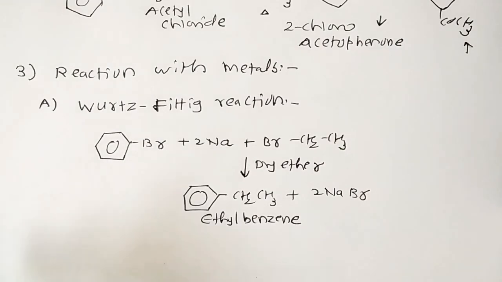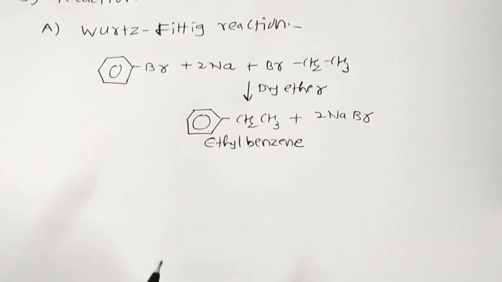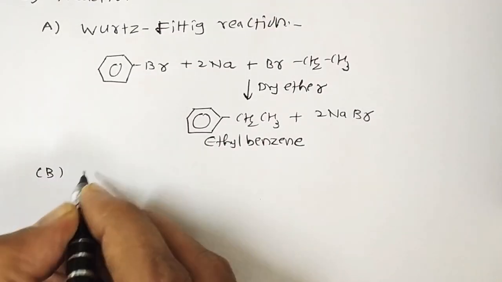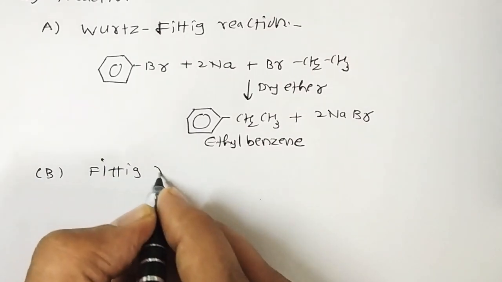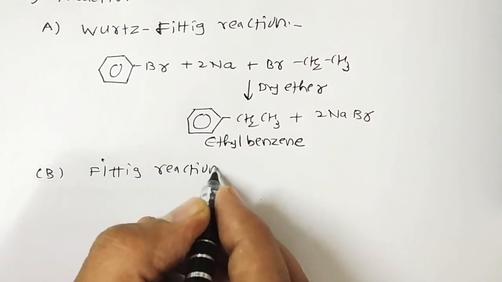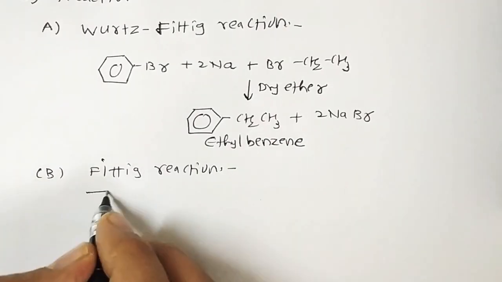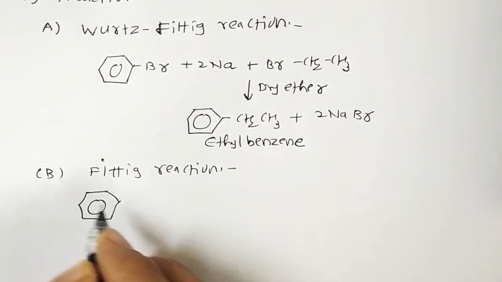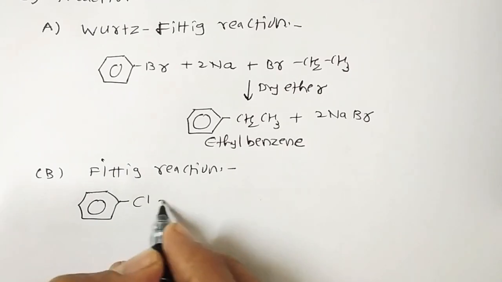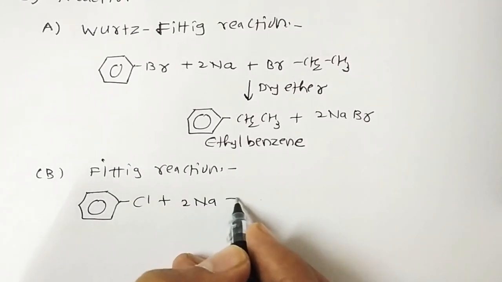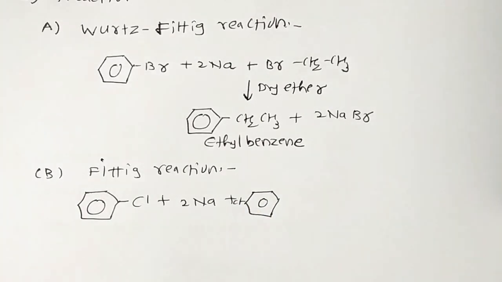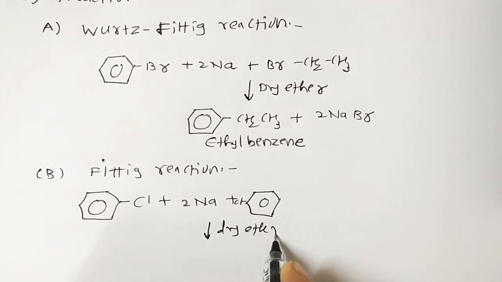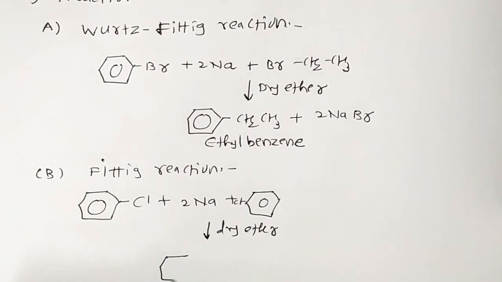So what about the Fittig reaction? In the Fittig reaction, you have to take 2 moles of haloarenes. When they react in the presence of dry ether, we get a product like that.